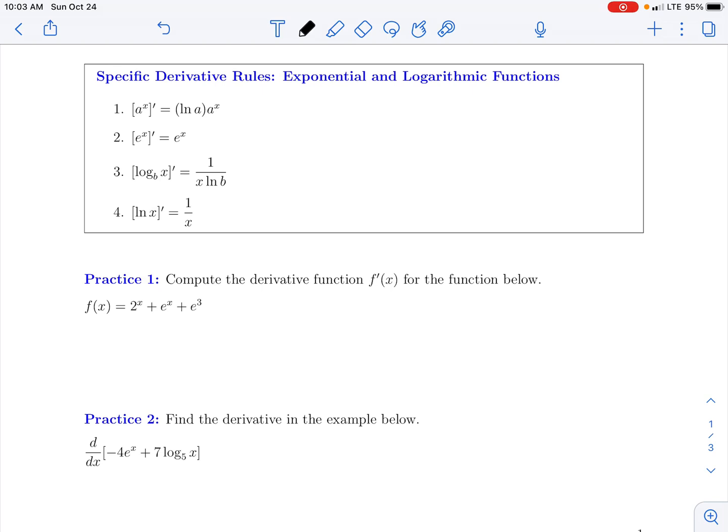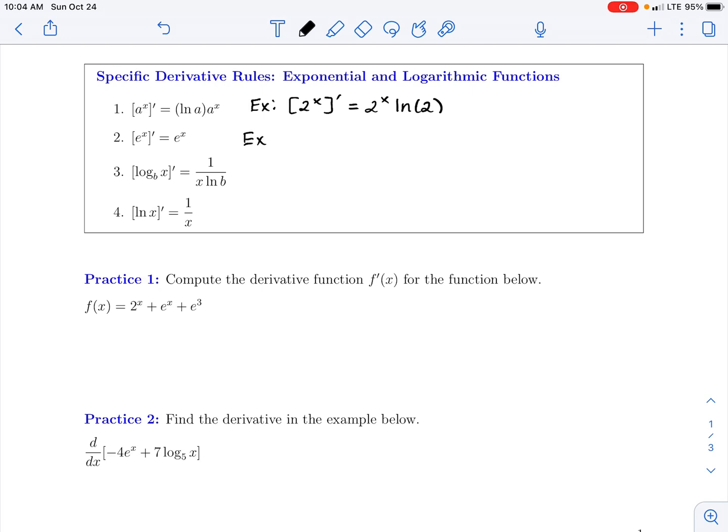The derivative of a to the x is ln of your base times itself, a to the x. An example will be easier: what's the derivative of 2 to the x? It is 2 to the x times ln of my base, which is 2.